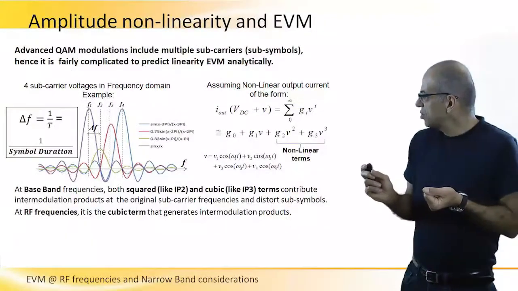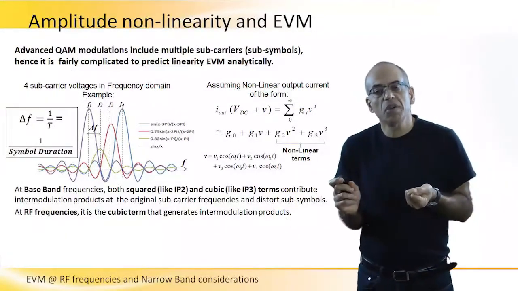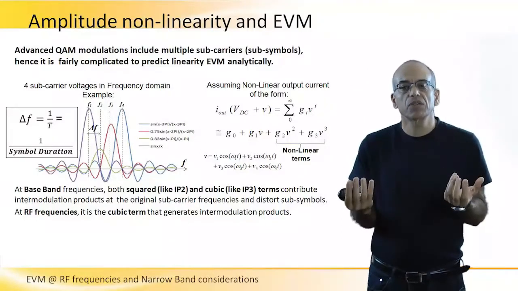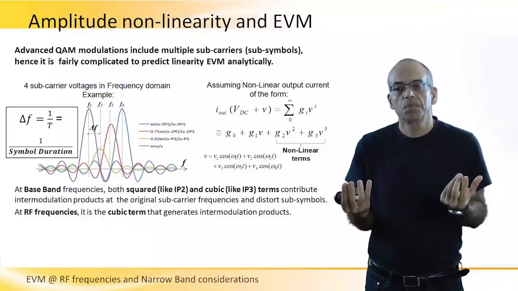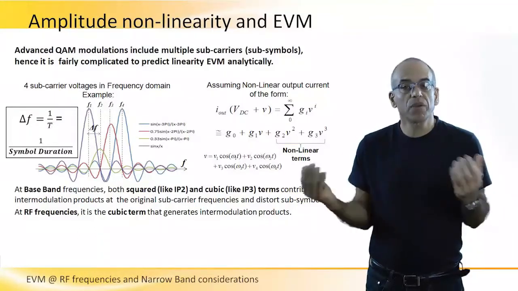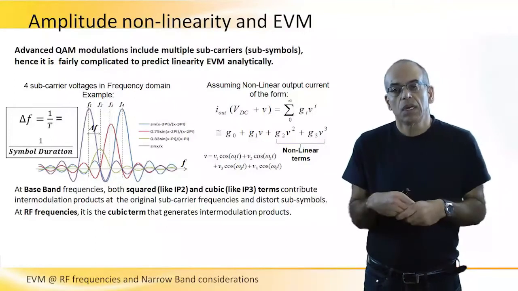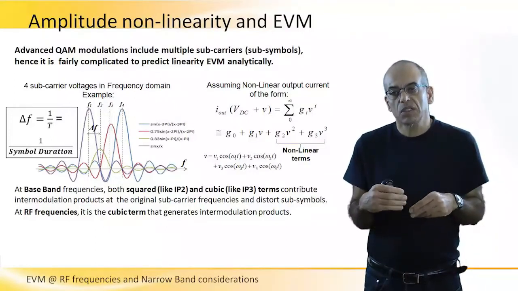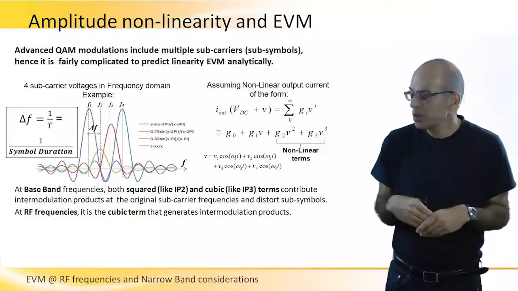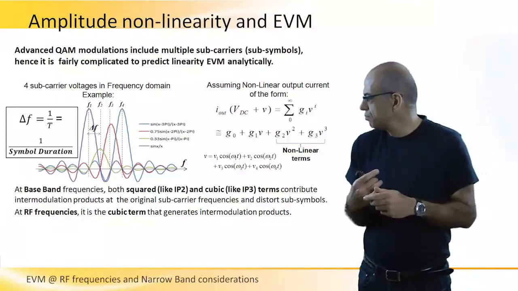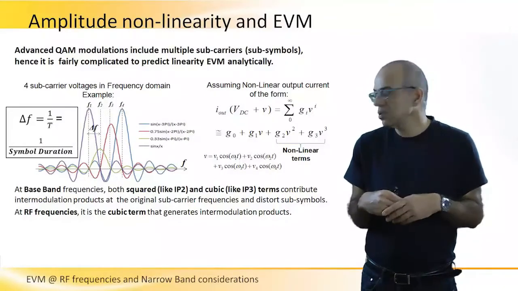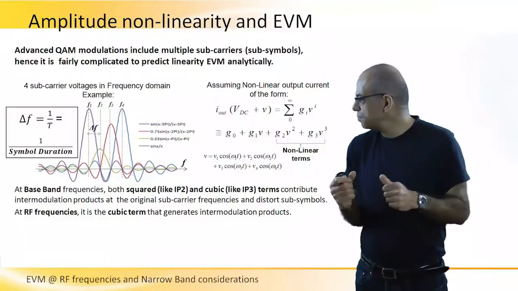If we talk about nonlinearity, we mentioned before the interference that the different subcarriers can create for their neighboring subcarriers. So nonlinearity is probably a major concern when we talk about impairments and EVM degradation.